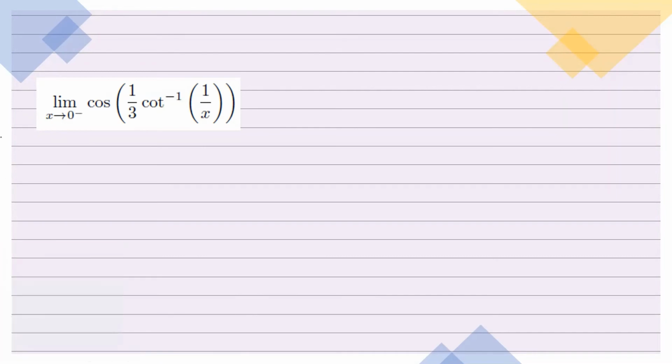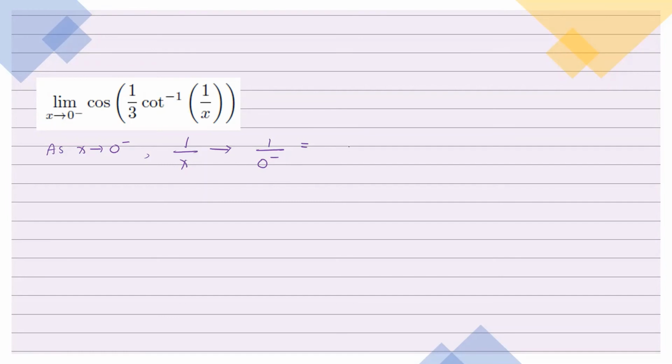So, dito, as x approaches 0 from the left, ano yung innermost ulit? Yung 1 over x muna. So, 1 over x approaches 1 over 0 minus. Ito ay saan pupunta? Anong value yan? Or kung hindi man value, ano yung notation para dito? We are dividing a non-zero by a zero.